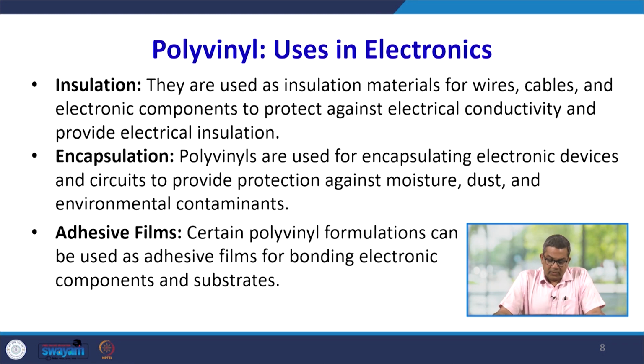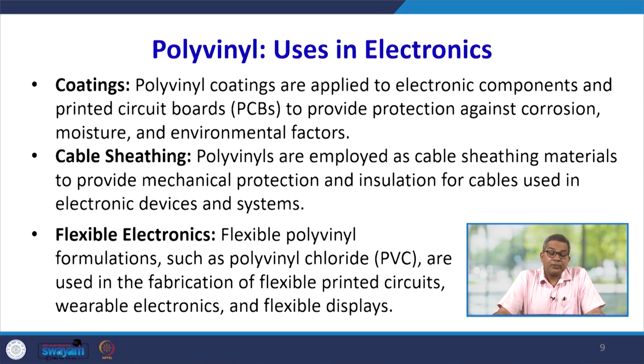Then adhesive films. There are certain polyvinyl formulations that can be used as adhesive films for bonding electronic components and substrates. Coating: polyvinyl coatings are applied to various electronic components and PCBs to provide protection against corrosion. Cable sheathing: polyvinyls are employed as cable sheathing material to provide mechanical protection and insulation for the cables used in electronic devices and systems.